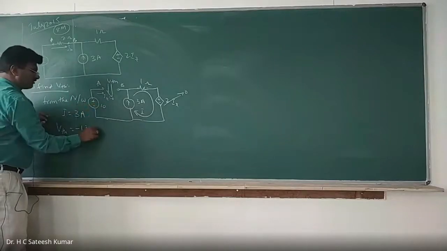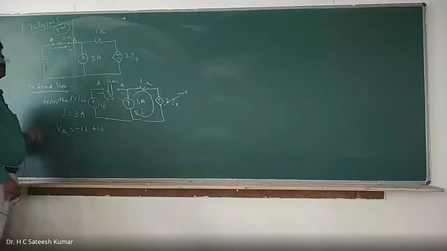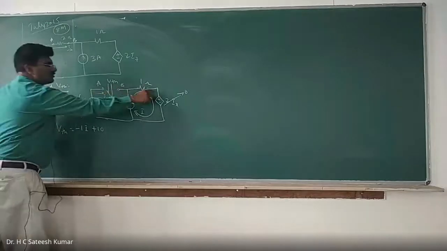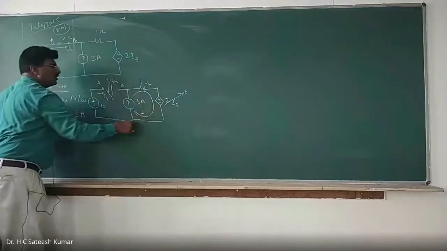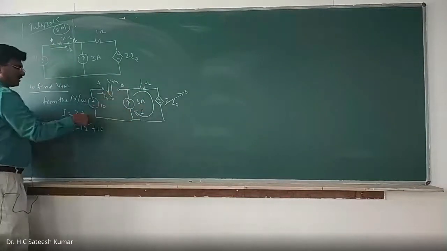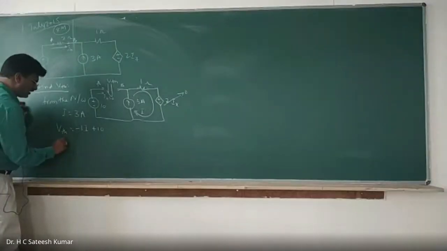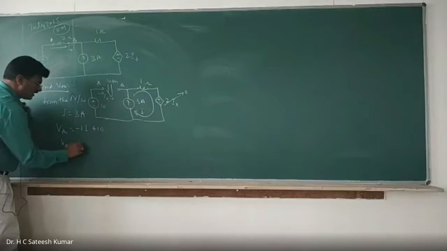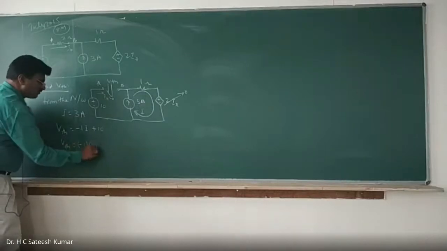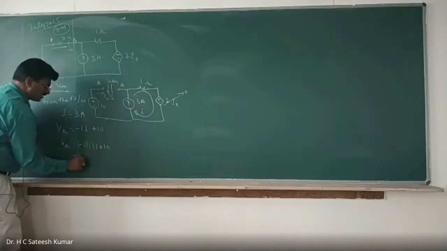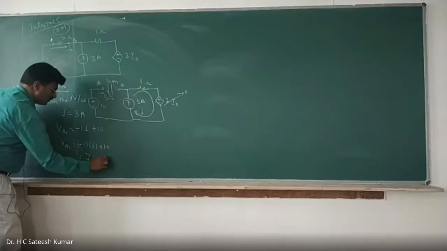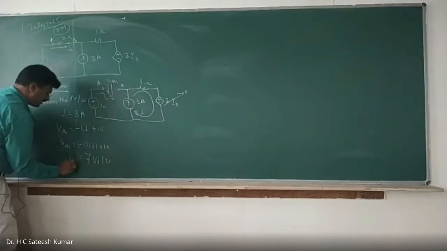Since this becomes 0, I is 3 amps. So you can write VTH is equal to minus 1 into 3 plus 10. How much is that? 7 volts. We should be very much careful while doing this kind of problems.